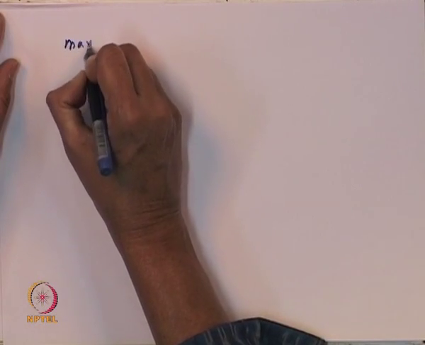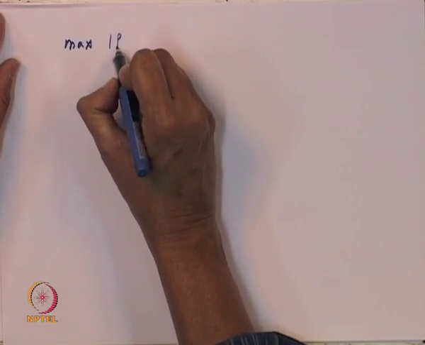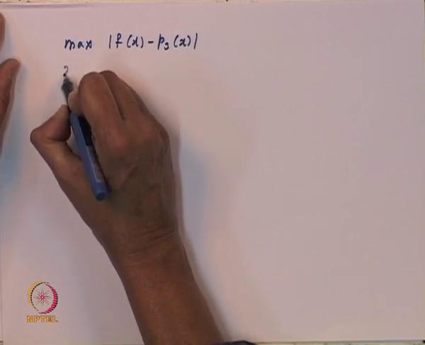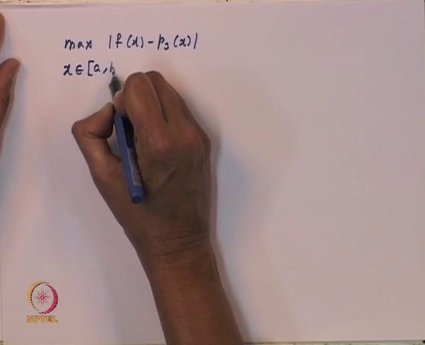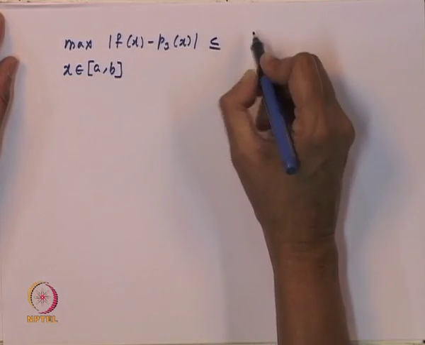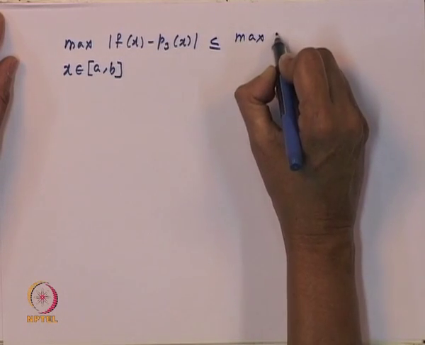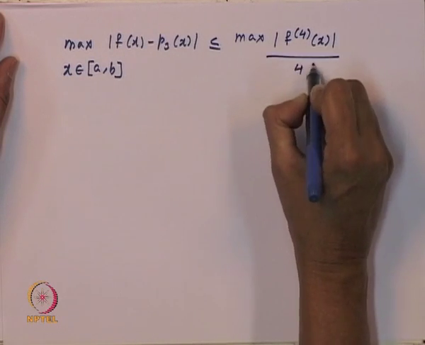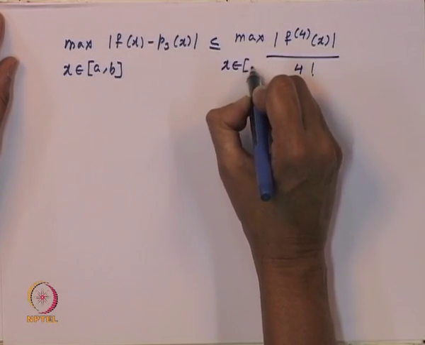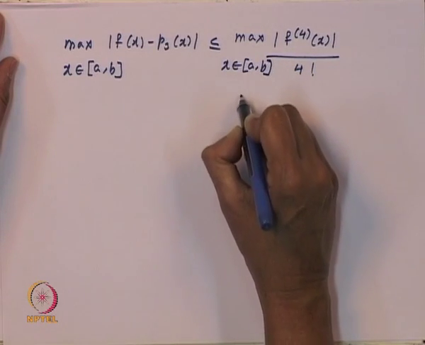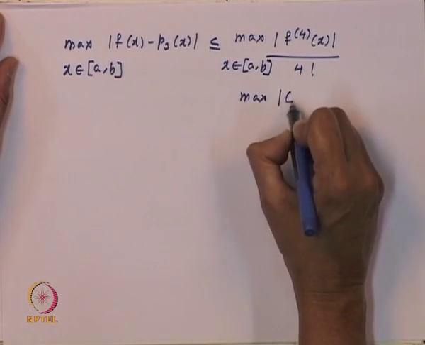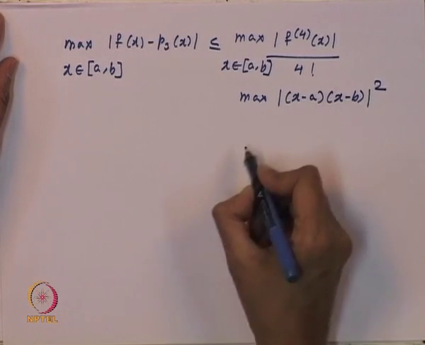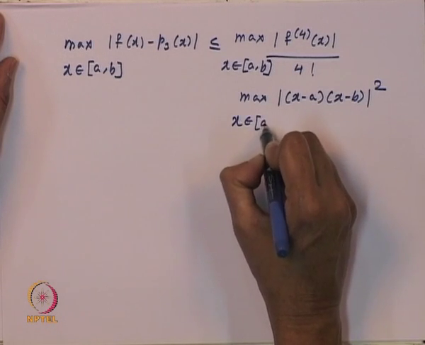So, the maximum of the modulus of f(x) minus P3(x), x belonging to [a, b], is less than or equal to the maximum of the modulus of f''''(x) divided by 4 factorial, x belonging to [a, b], multiplied by the maximum of the modulus of (x minus a) square (x minus b) square, x belonging to [a, b].